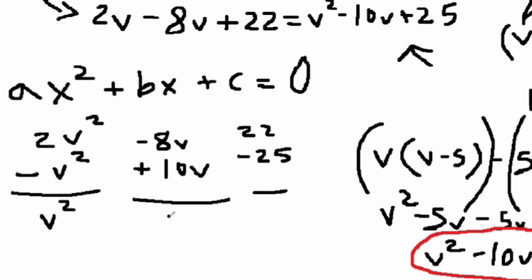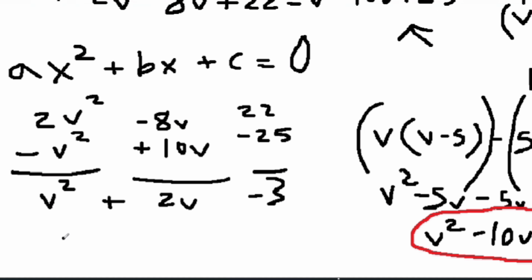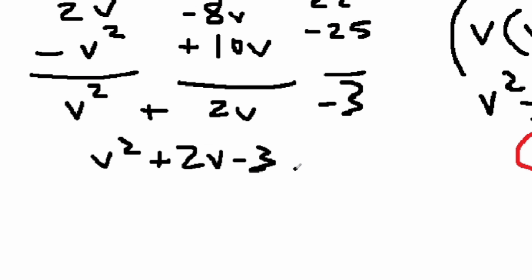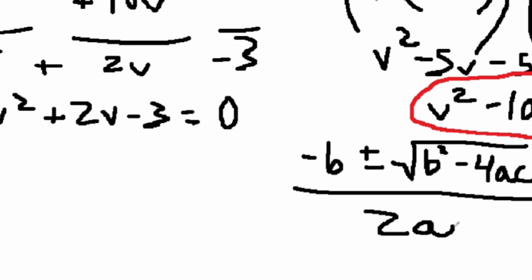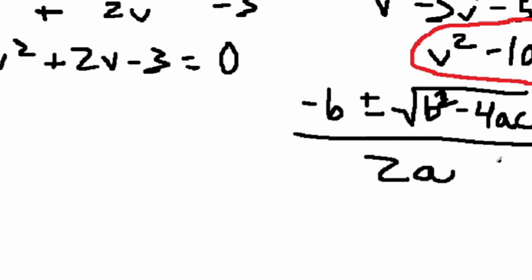10v minus 8v is equal to 2v. And 22 minus 25 is equal to minus 3. So simplified, we have v squared plus 2v minus 3, and this equals 0. So now we have a quadratic, so we can use the quadratic formula.